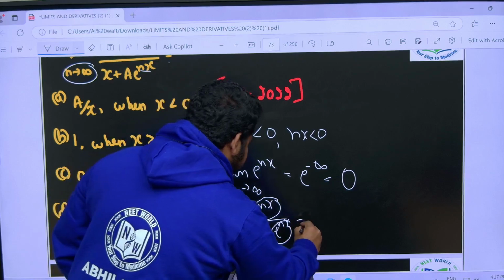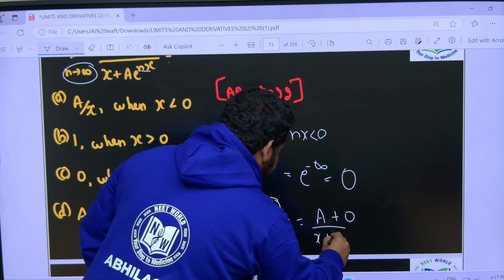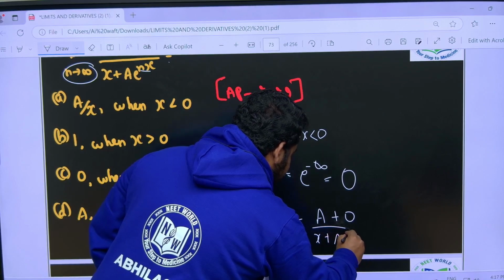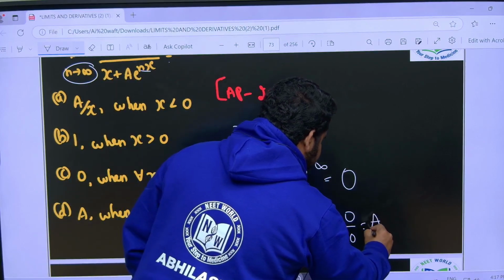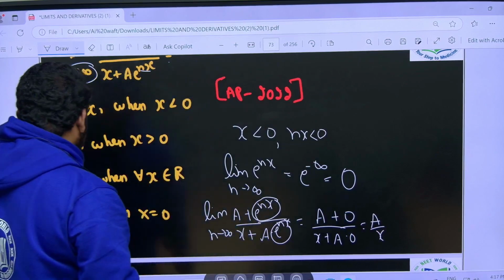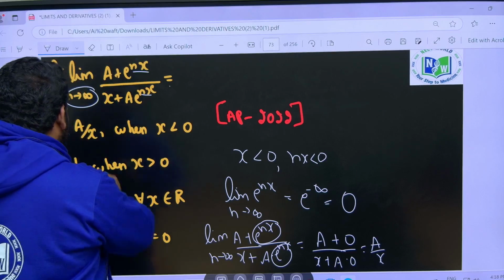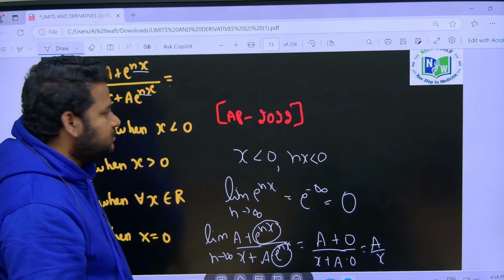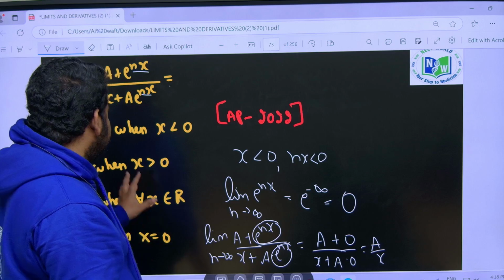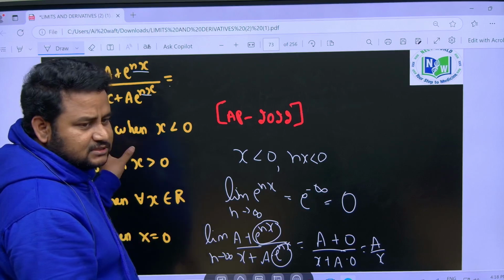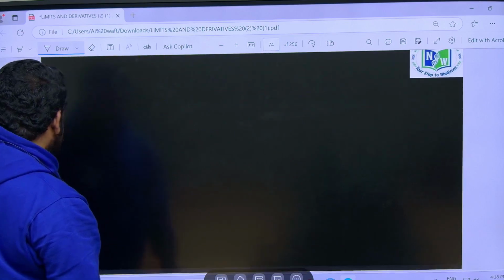We get (a + 0) divided by (x + a into 0). So this will be equal to what, friends? This will be equal to a by x, when x is less than 0. That is option 1, that is option A. Got it, friends? Very simple question. You have to take the value when x is less than 0. When x is less than 0, we got the value as a by x. Fine. Let's move to the next question, friends.